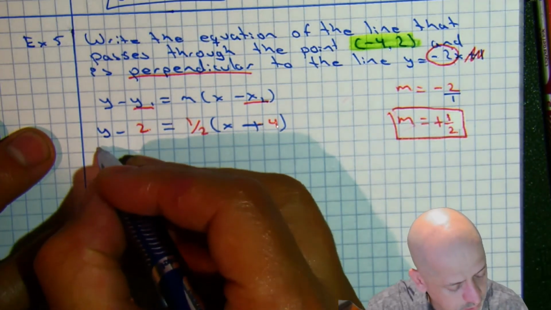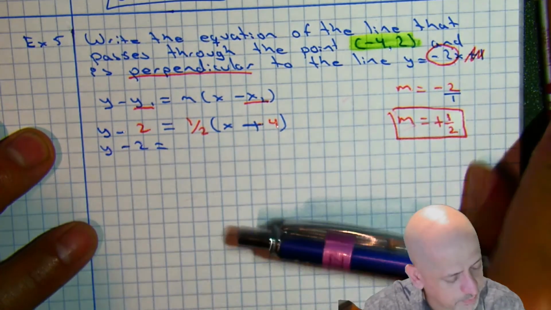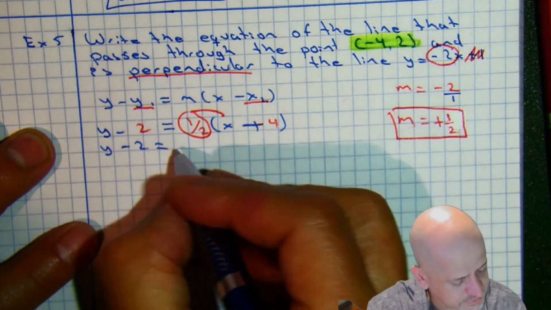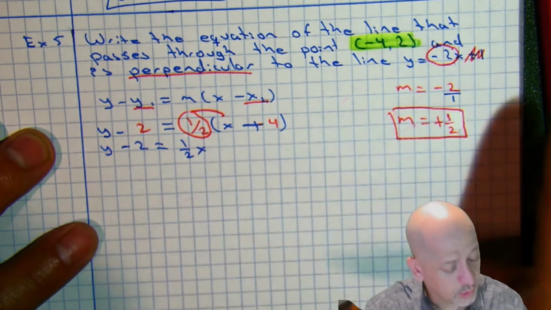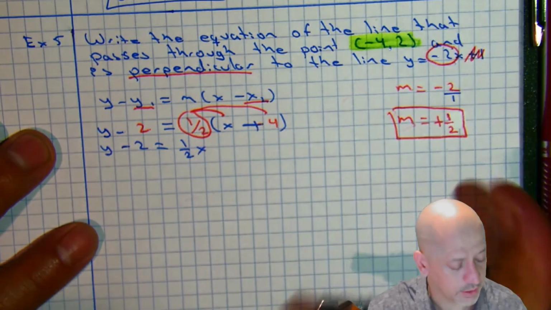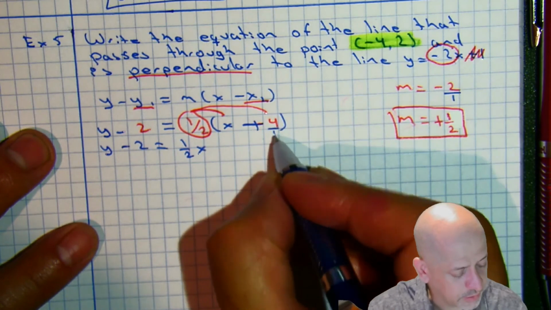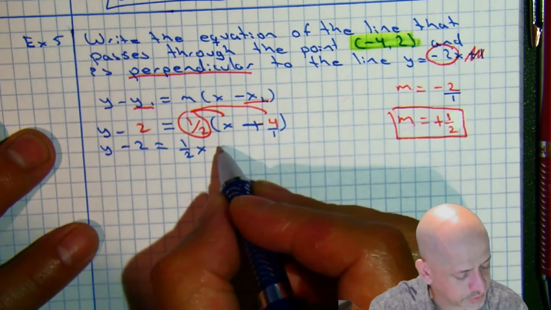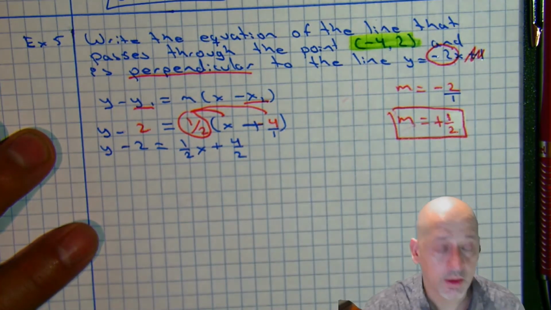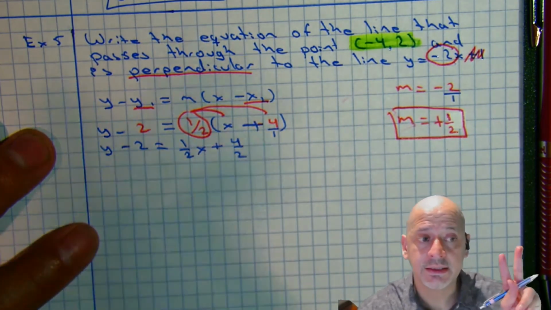And now we have y minus 2, distributive property. 1/2 times x is 1/2 x. What's 1/2 of 4? Correct, 2. Or you can place it over 1 and multiply. 1 times 4 is 4. 2 times 1 is 2. And 4 divided by 2 is 2.